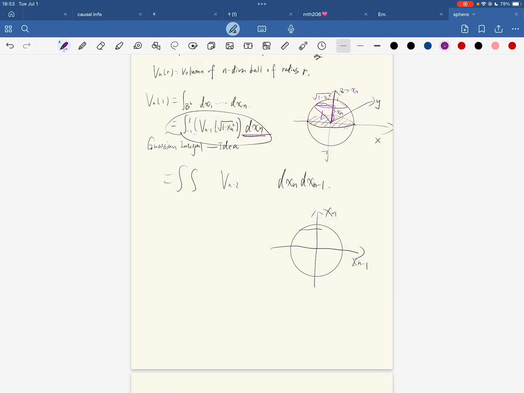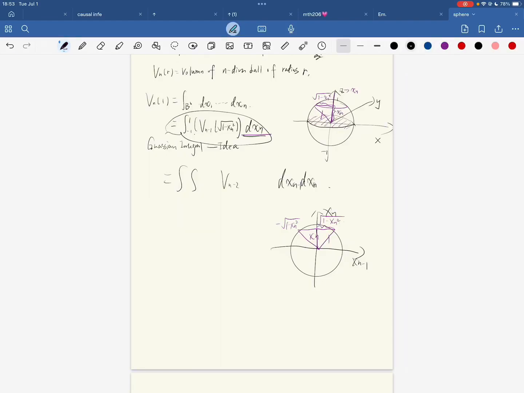So firstly, we know this is x_n, this is 1, and so this minus.